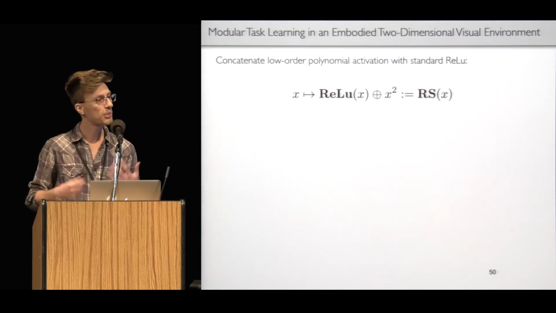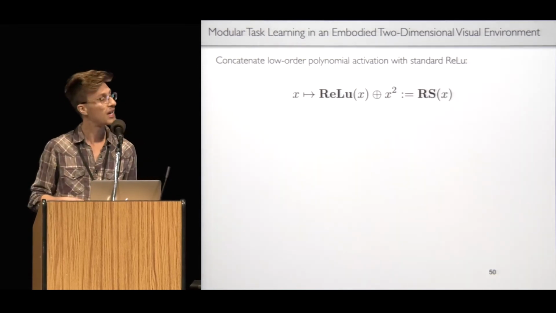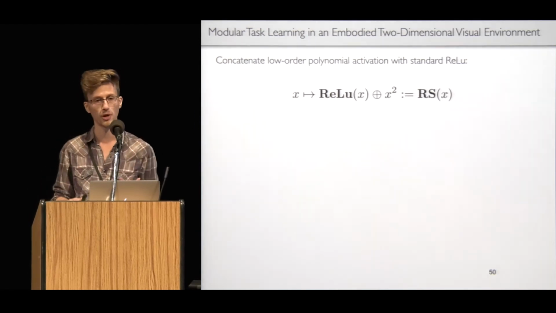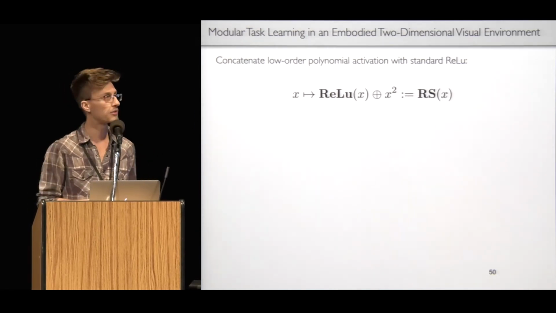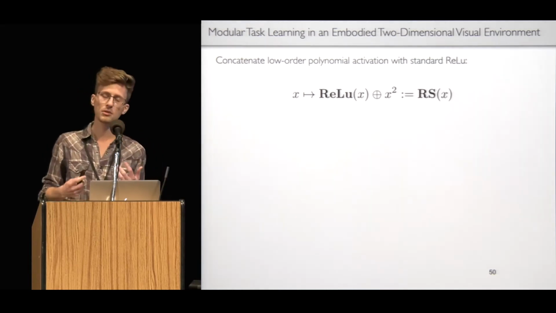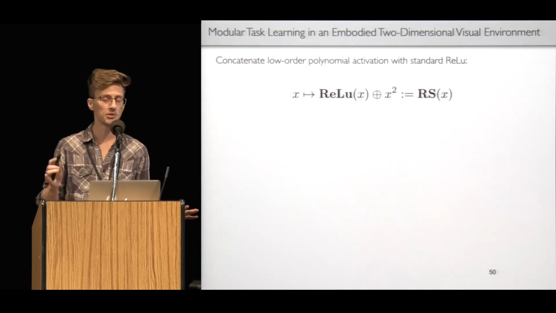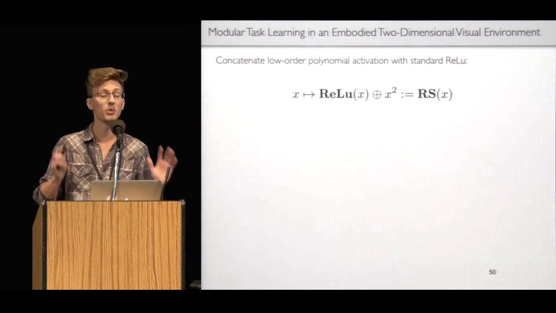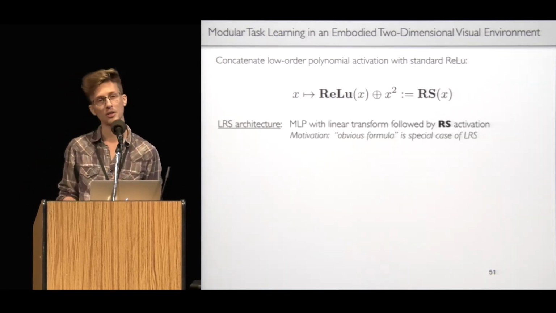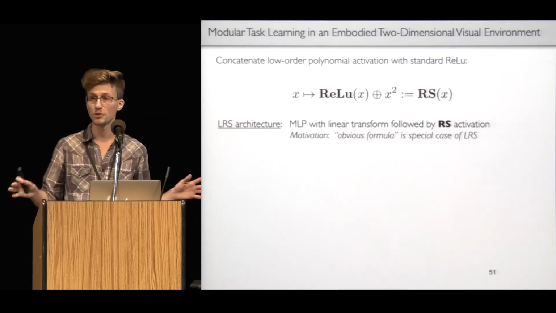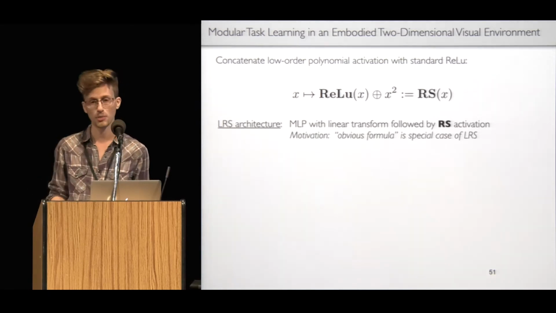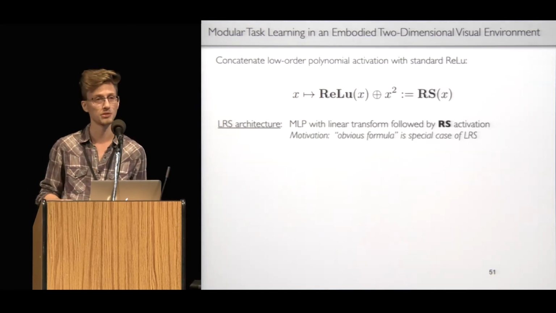Of course, by the universal approximation theorem, this squaring operation can be approximated by a large sum of neurons using more standard activation, such as just this ReLU itself. But by using the low-order polynomial directly, we're able to build much smaller modules, but with the same expressive power. And what's going to follow is what we call the LRS architecture, where those large visual features are reduced in dimension through a standard linear transform before being combined with the action space with this RS nonlinearity.